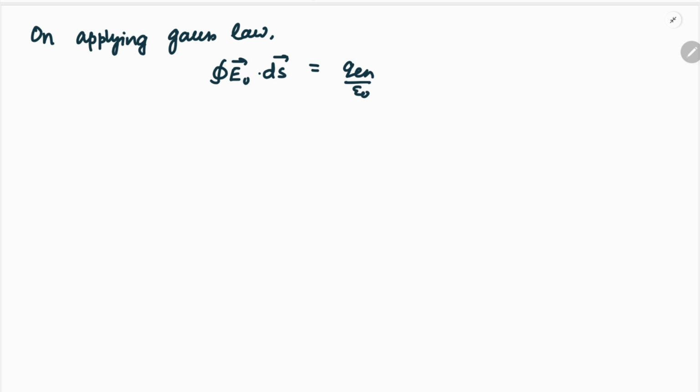So therefore E outside the sphere is equal to Q enclosed, pi rho naught R cube by 3 epsilon naught times 4 pi r square. So this is the value that we have.